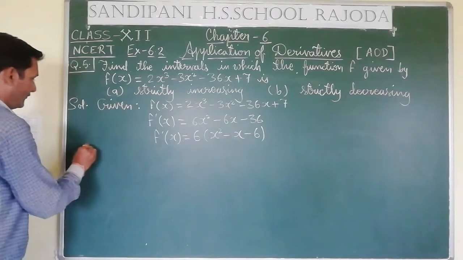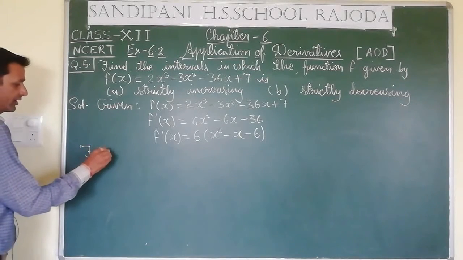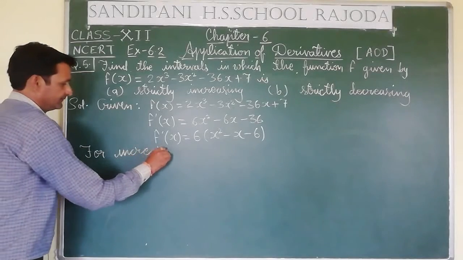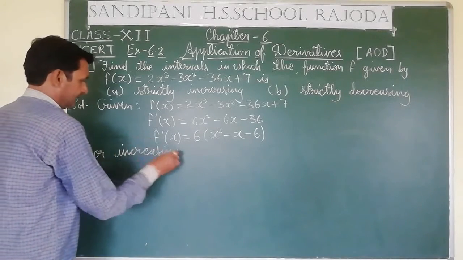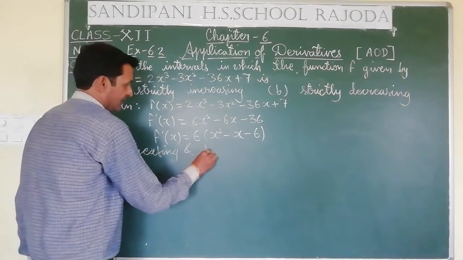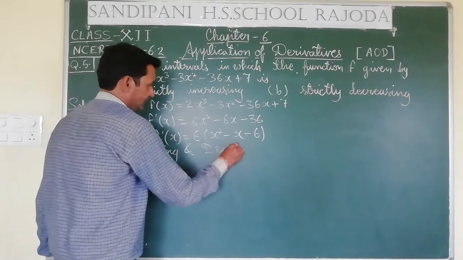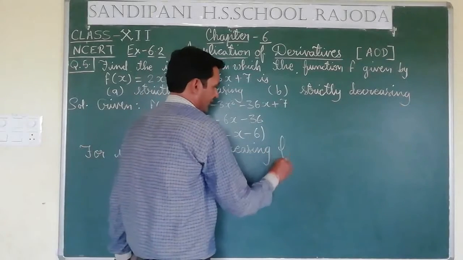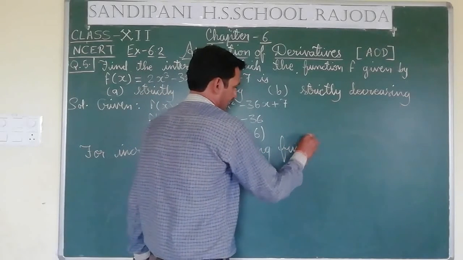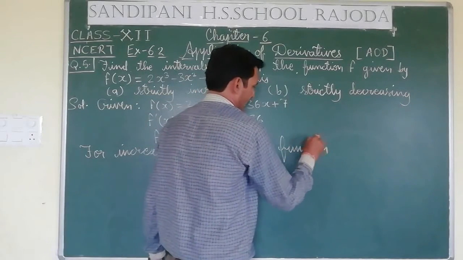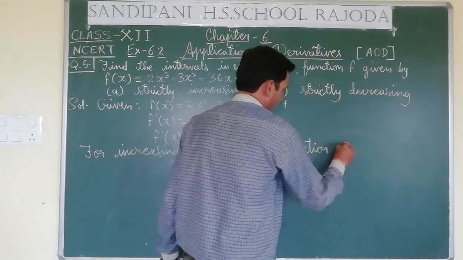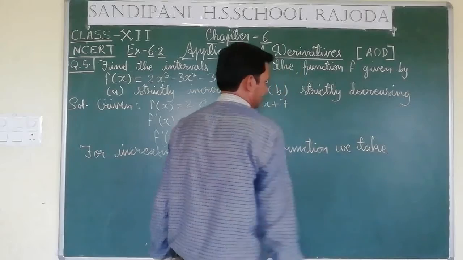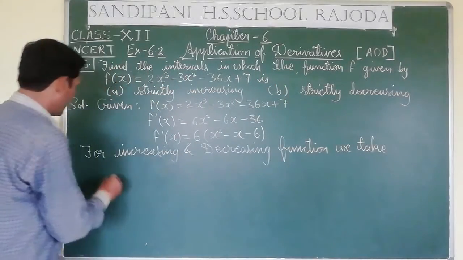So for increasing and decreasing function, we take the critical point.